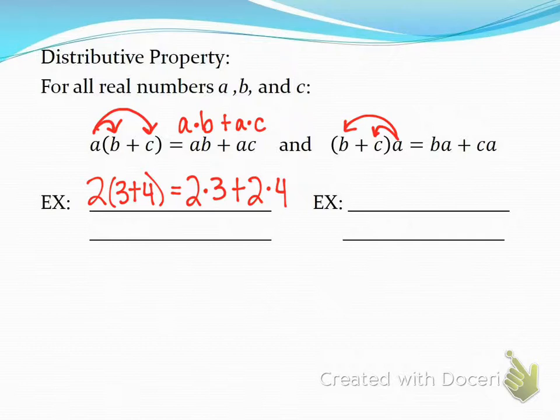Another example would be to take 5 times (x plus y). Sometimes we'll have numbers in there, sometimes we'll have variables in there. In this case, I would take 5 times x plus 5 times y.